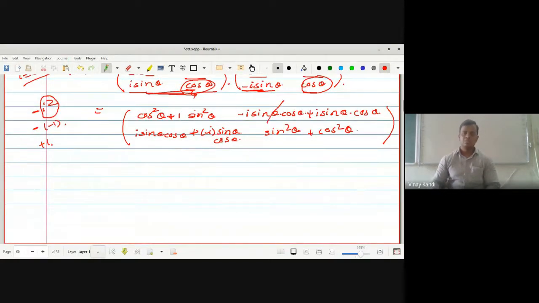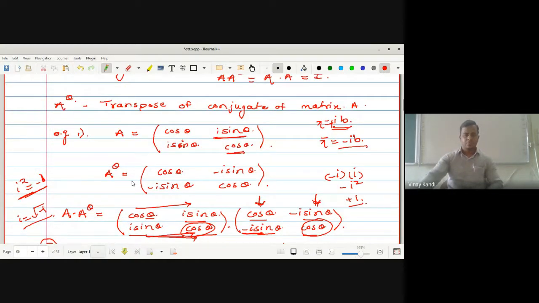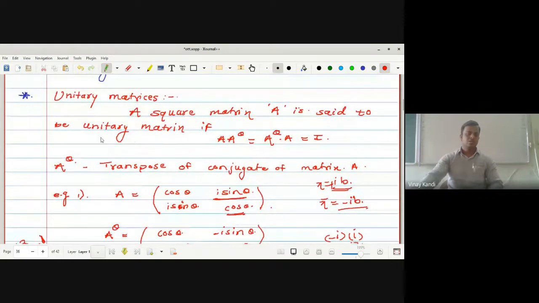The plus and minus terms get cancelled. So here cos square plus sin square is equal to 1: 1, 0, 0, 1. So this is the A into A theta, which is equal to the identity matrix of order 2 cross 2. Hence, the given matrix A is what? Unitary matrix. Any doubt up to here?